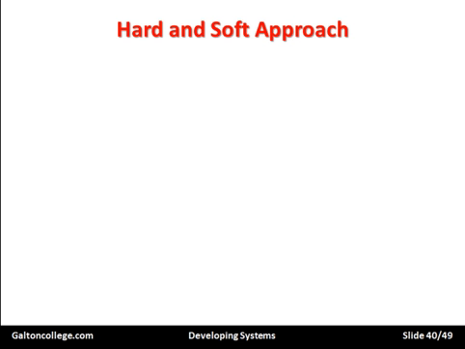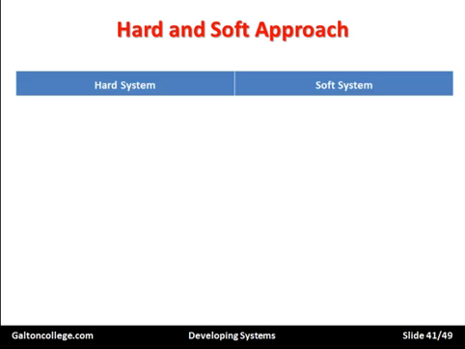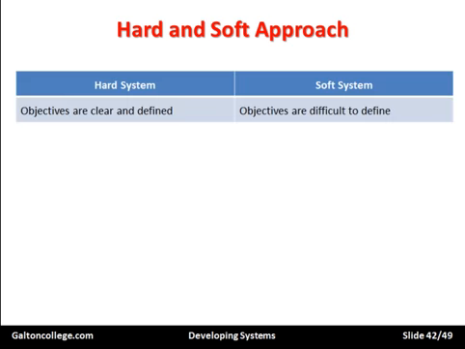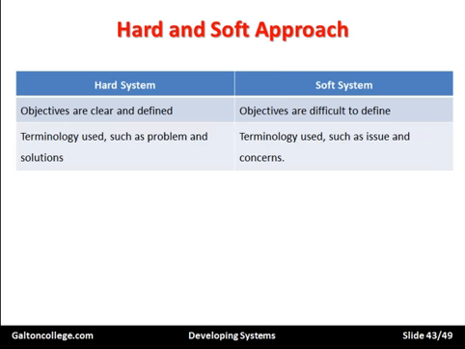So let's look at the hard and soft approaches, just to get an overview, just to finish off this particular class. So we'll start with the hard system on the left and the soft system on the right. And we see immediately that for the hard system, the objectives are clear and well defined. For the soft system, the objectives are difficult to define. So there is a big difference between the two. Secondly, the terminology used, such as problem and solution.